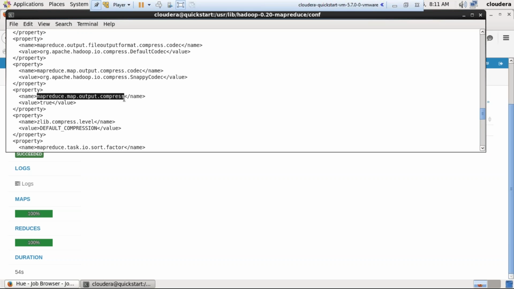What do you understand from this property? It is being kept as true here. How is it going to influence the performance of your cluster?